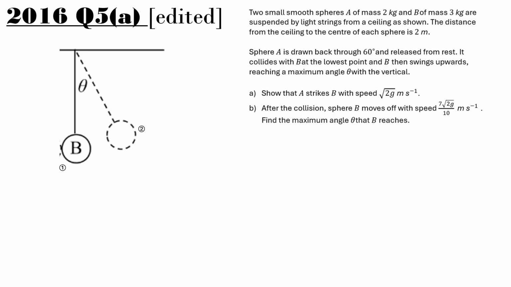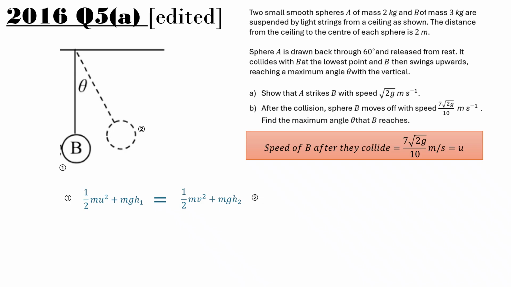I do label them as I go because sometimes we're dealing with a pendulum that's swinging from the top to the bottom, sometimes from the bottom to the top. So we know that at position 1, the kinetic plus the potential is equal to the same at position 2. We know that after they collide, we get 7 root 2g over 10, which is our value for u.